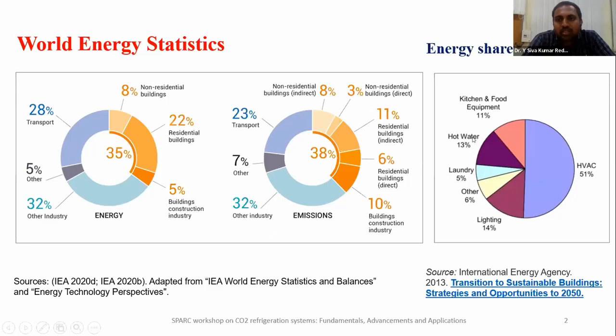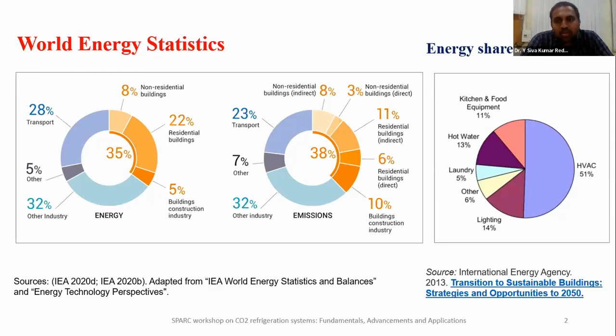These are the energy shares of the hotel sector. Given these shares, there is an essential need to focus on the building sector to mitigate emissions as well as to reduce energy consumption. So there is a need to look at energy efficient solutions. Today I'm going to discuss how a CO2 heat pump can reduce the emissions as well as how much energy consumption it can save for a hotel.